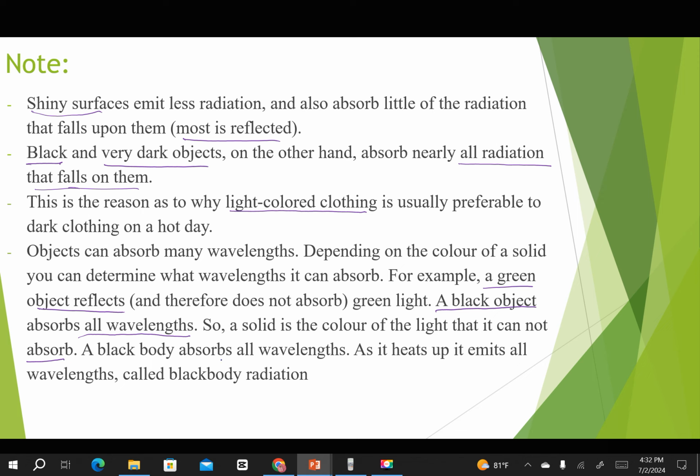A black body absorbs all wavelengths as I have already mentioned, and as it heats up, it emits all wavelengths. That's what we call black body radiation. If you're doing Cambridge, you may not need ideas about black body radiation, but at least you know what we mean by a black body.